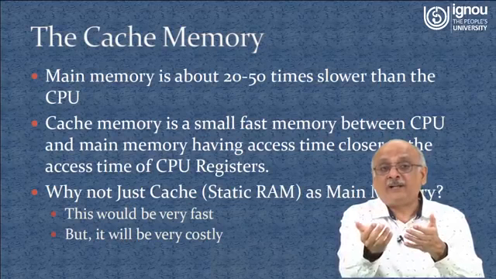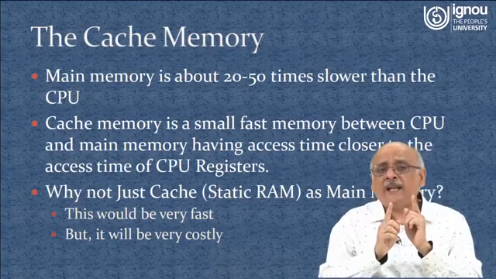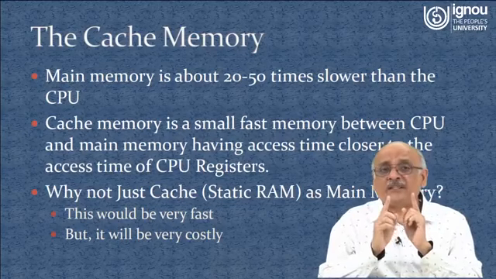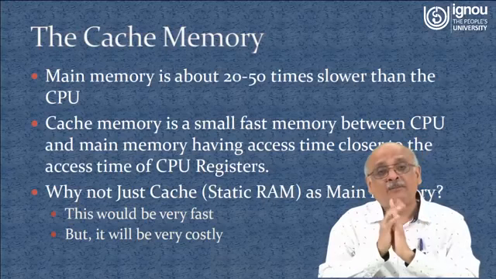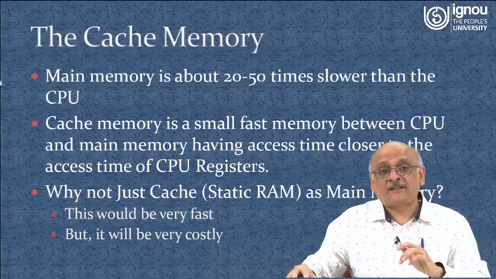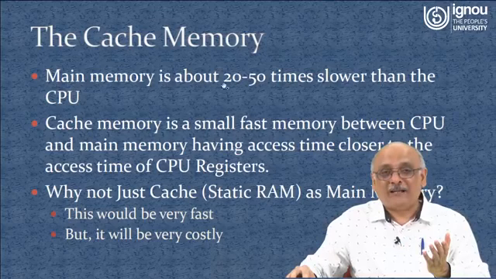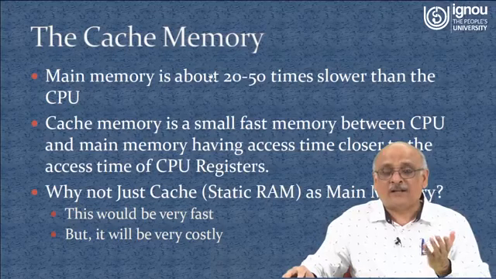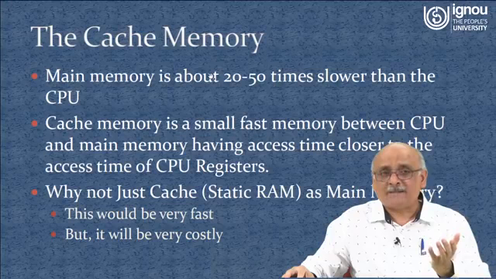Ultimately what happens, every access which a CPU wants is from the main memory, right? So the first statement is that every main memory access is 20 times slower than the CPU. But the CPU wants information only from the main memory, that is what the von Neumann architecture says.